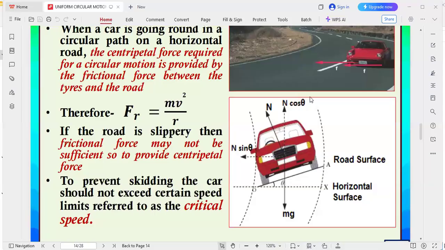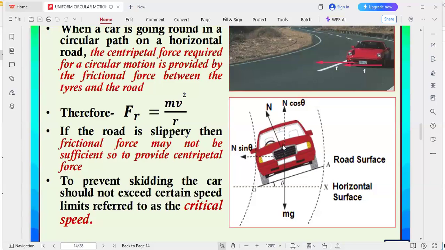So I was talking about the forces acting on this vehicle. And I was explaining that this horizontal force is N sine theta. It's the same as the centripetal force, which is N sine theta. Action force is mg.